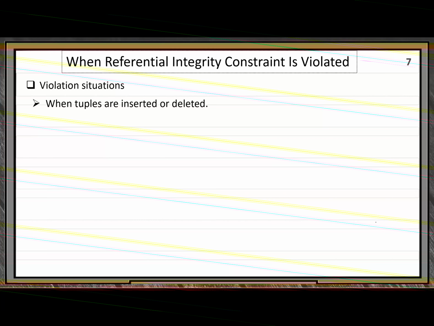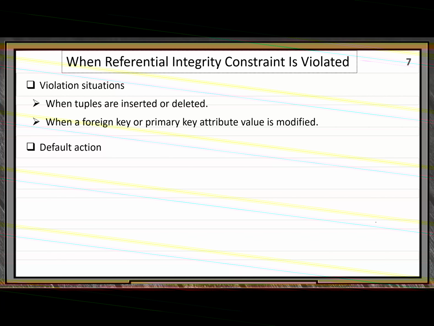So there is a possible referential integrity violation, and you need to tell the DBMS what is the appropriate action to do in that situation. Also, when a foreign key or primary key attribute value is modified, such as SSN, there is a potential referential integrity violation, and you need to tell the DBMS how to take the appropriate action.